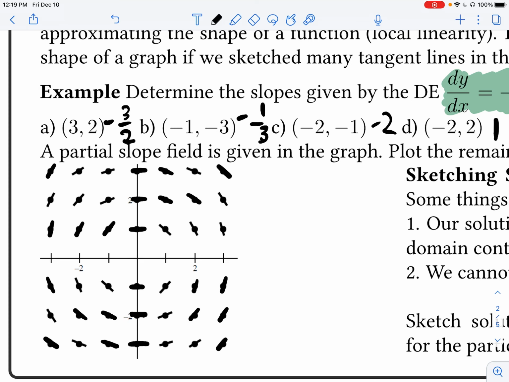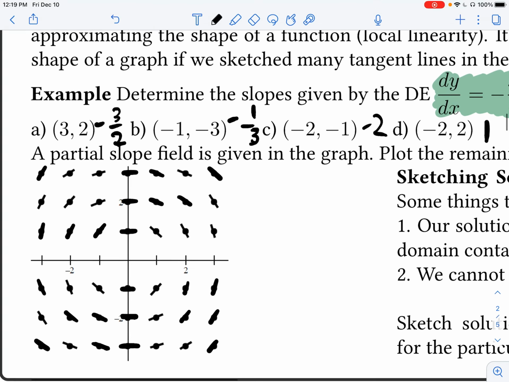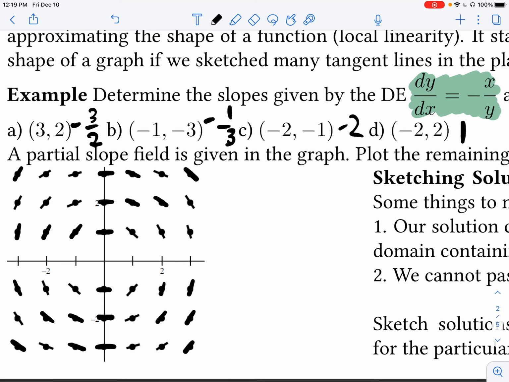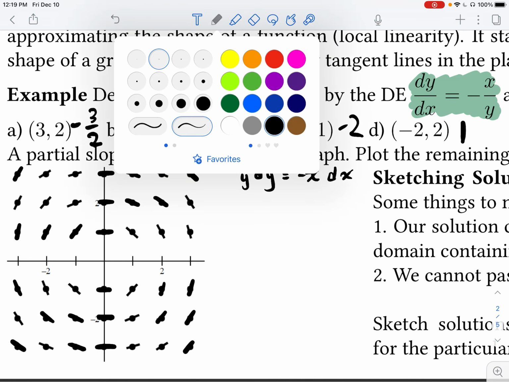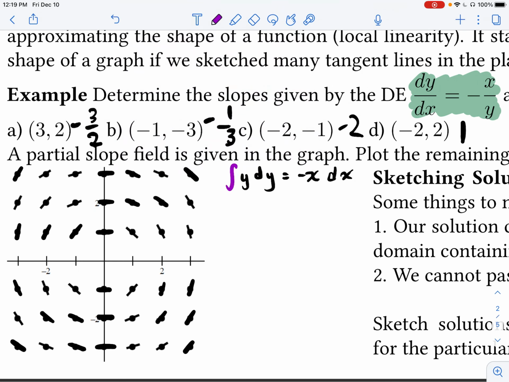So we said that our differential equation was negative x over y. If I separate our variables here, I should get y dy is equal to negative x dx. So previously we talked about how to solve these analytically. So we're going to go ahead and integrate both sides.